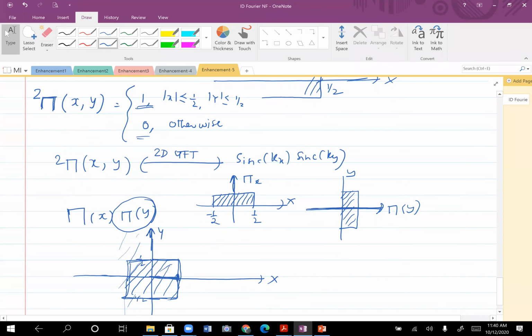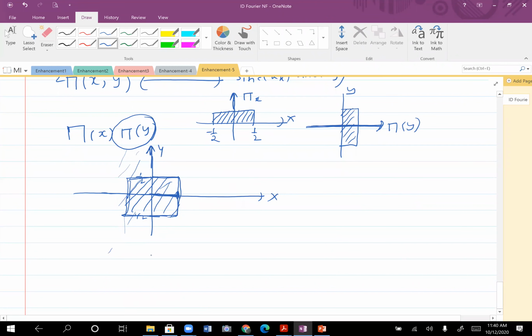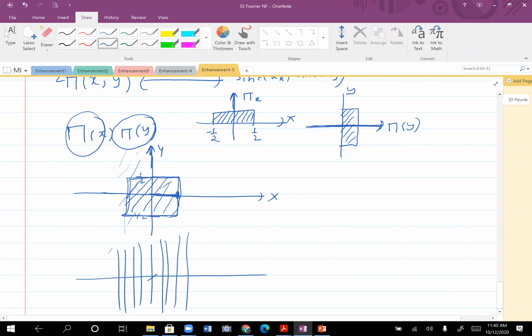Yes, Shashwat. Like in pi x of x, the box function of x, for all the values of y this thing is being extended out, right? Correct. See, if I just draw pi x of x, this is all equal to 1 for all these values, where here is minus 1/2, here 1/2. This is your x.